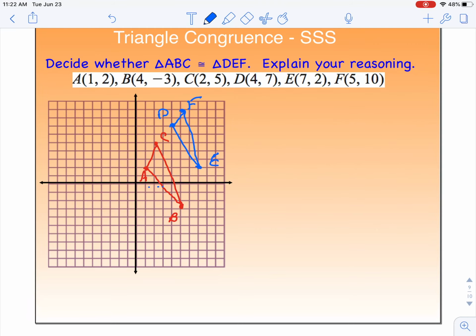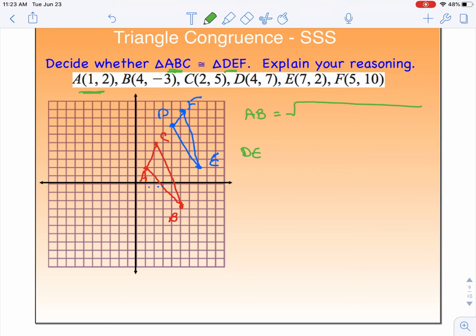So if I'm going to prove these triangles are congruent, just like before, from this congruence statement, I am going to have to show that AB is congruent to DE. So what I need to do is find the length of AB, and find the length of DE, and I'm going to do that using the distance formula.